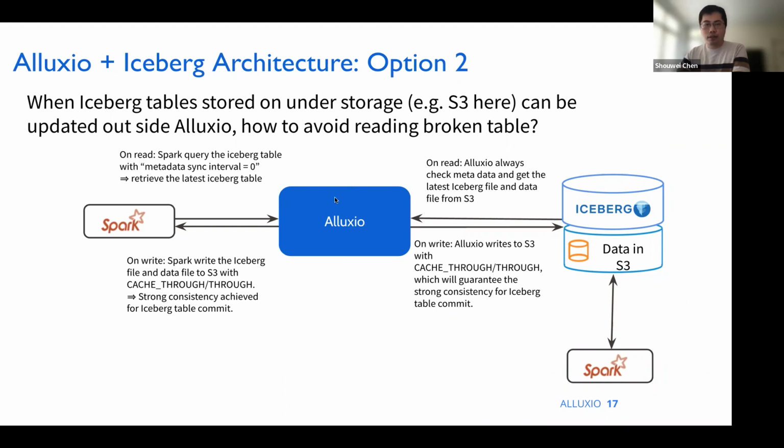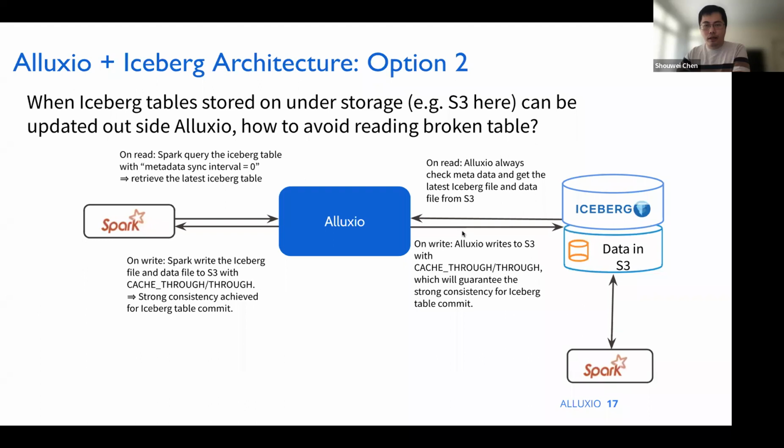In this kind of scenario, for the write path, what we recommended before is to use cache through, or write through. That means when Spark writes the data back to Alluxio, at the same time it will write the data back to S3. So when all the data is committed, it will guarantee consistency for the Iceberg table commit.